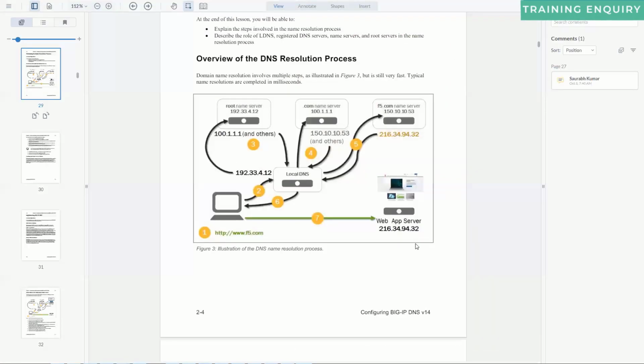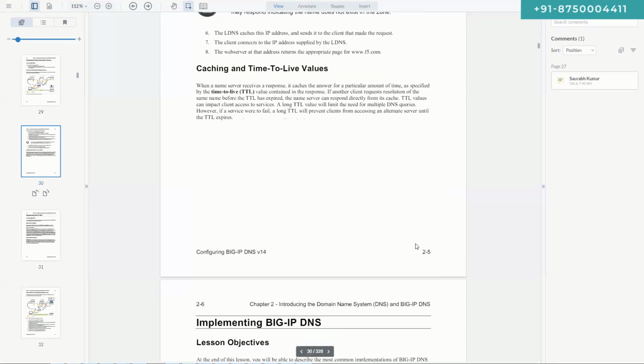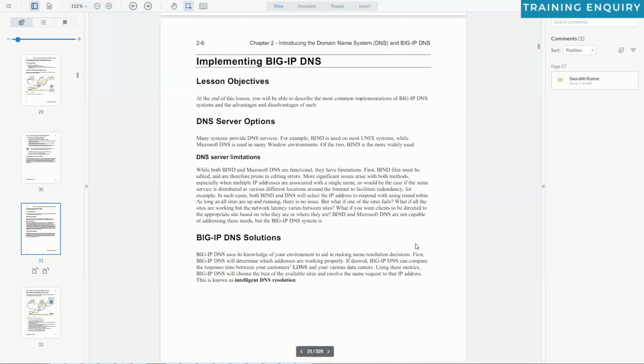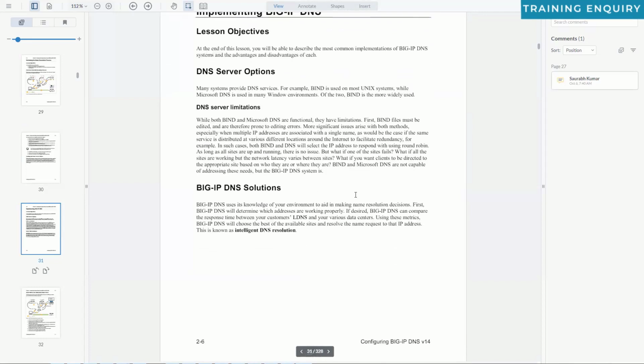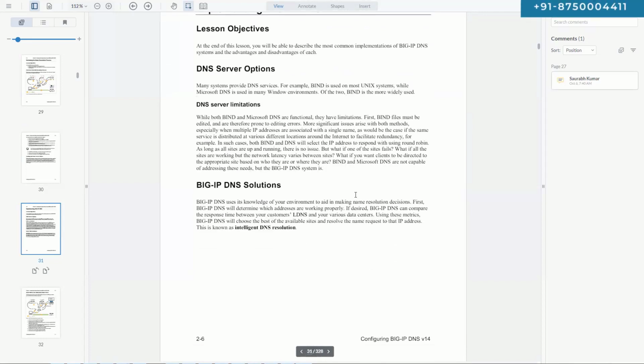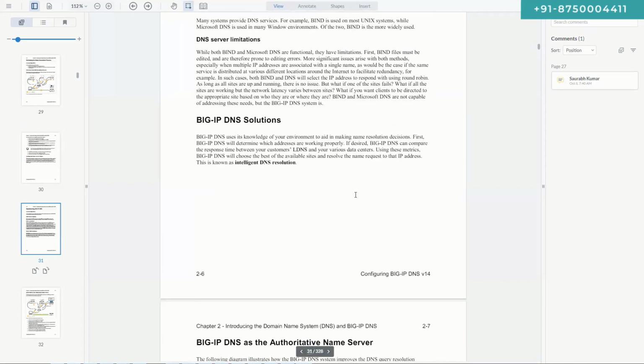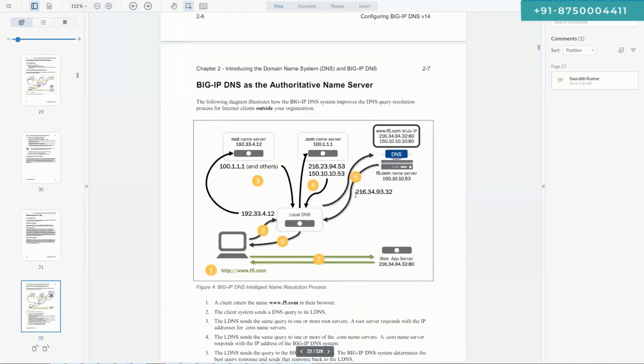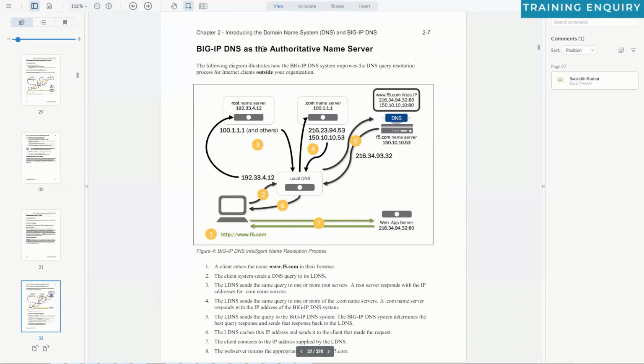All right. So guys, this is it from the DNS resolution process, or the key terminologies used here in the DNS process. We have already seen that BIG-IP DNS can be used as an authoritative DNS server. You know what an authoritative name server means. BIG-IP DNS can also be used as a local DNS.